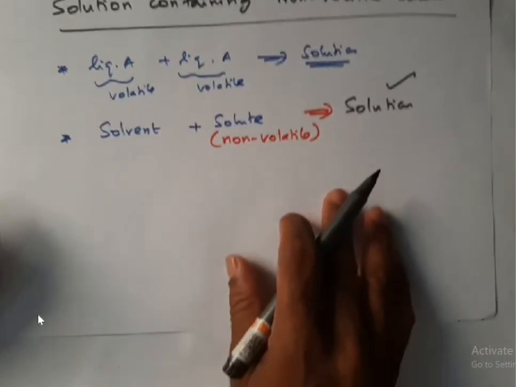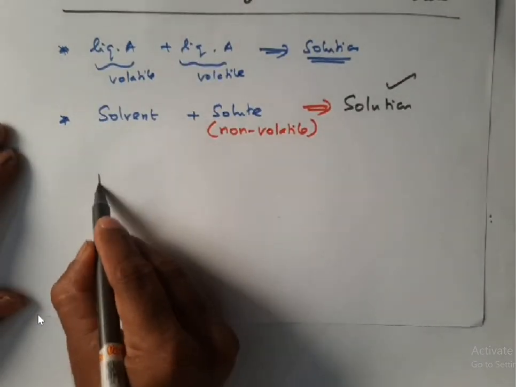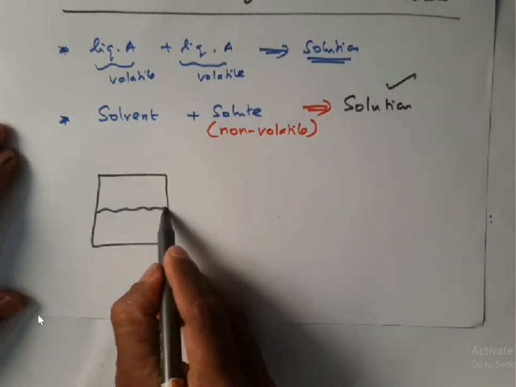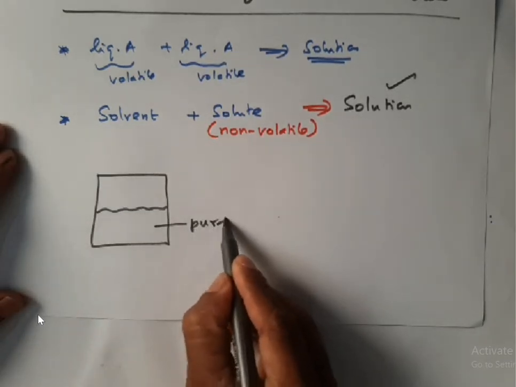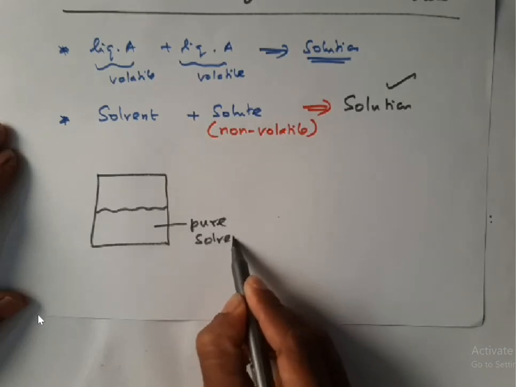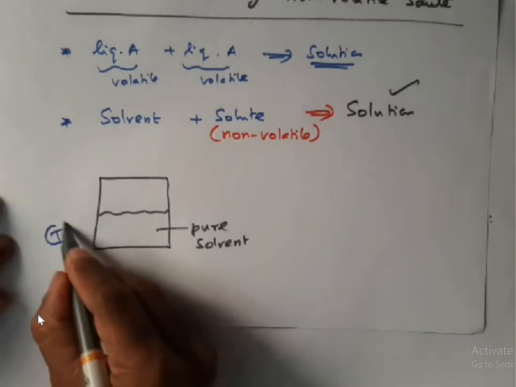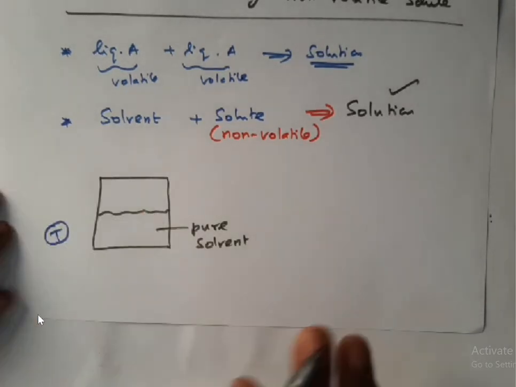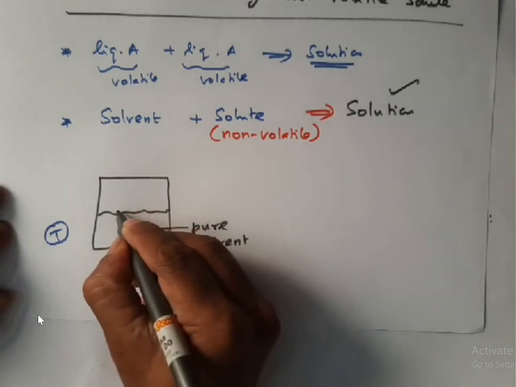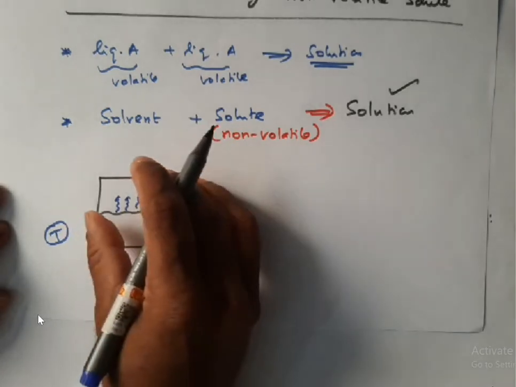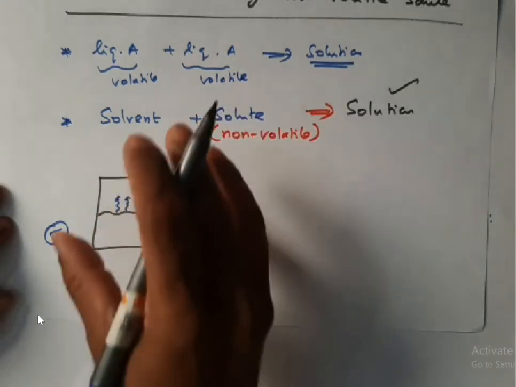So what I'm trying to say, suppose you take a pure solvent, solvent alone. At a particular temperature T, the solvent molecules will go to vapor state, so that you'll get vapors.